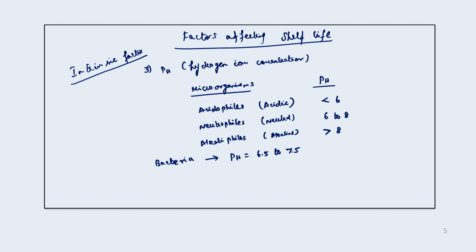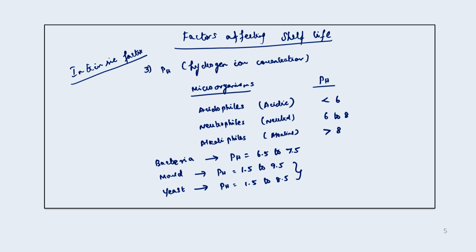This is mostly a neutral value of pH, or we can say weak alkaline. For mold, the pH value is 1.5 to 9.5. And for yeast to grow, the pH value is 1.5 to 8.5. More or less, the pH ranges of the mold and the yeast to grow are almost the same.